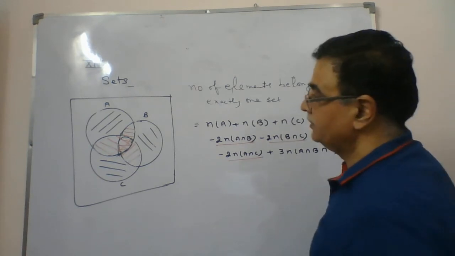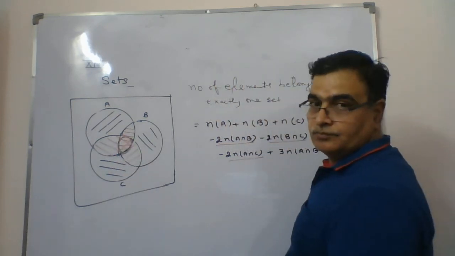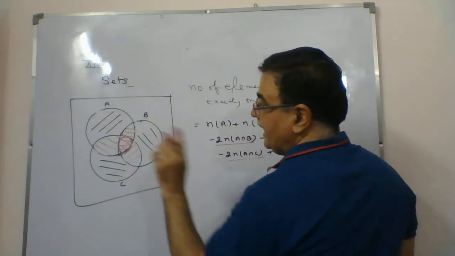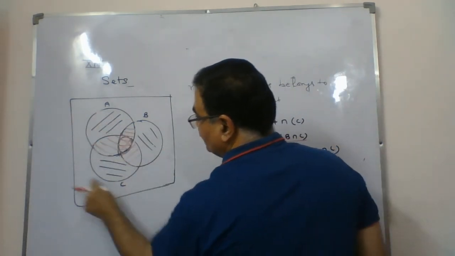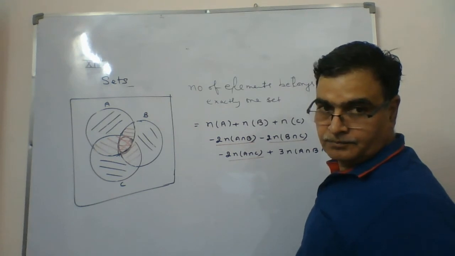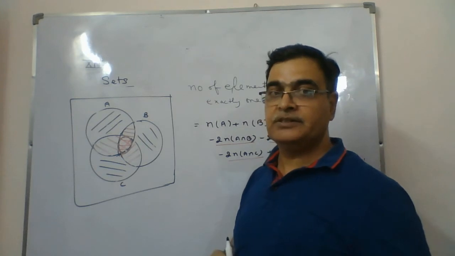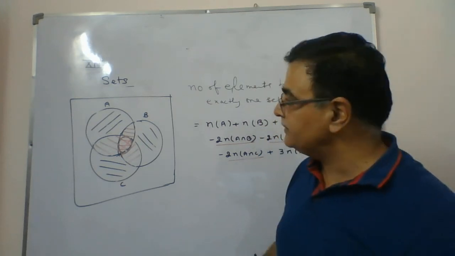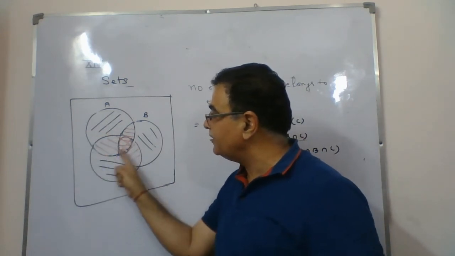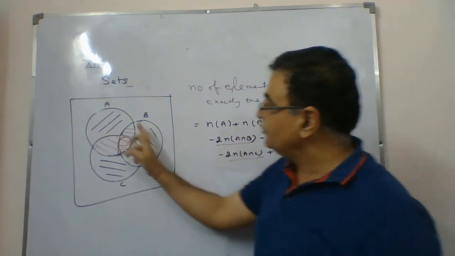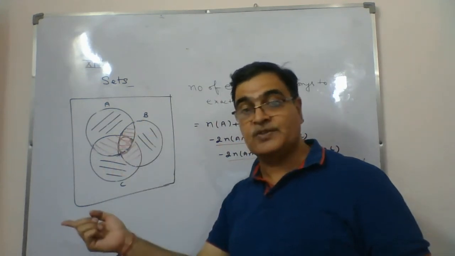Is this clear? Now the problem comes: this portion is added how many times? Added 1 time, 2 times, 3 times. So as it is added 3 times, it should be subtracted 3 times. But how many times have you subtracted this? You have subtracted this portion twice here, this portion twice, this portion twice. So 6 times you have subtracted.